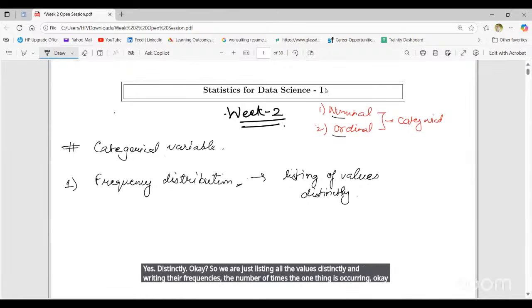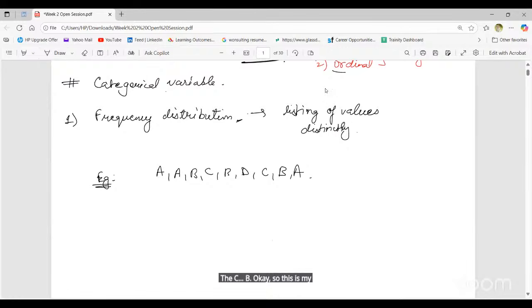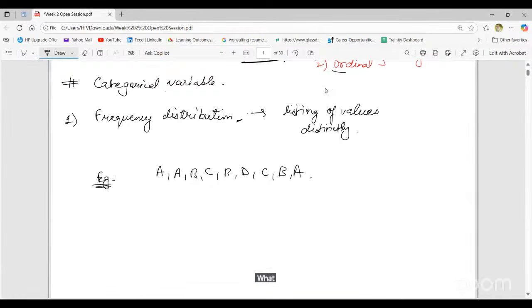Let's take an example. Let's suppose we have A, B, C, D, B, C, B, A. This is my observation, and this is a categorical variable. Now, what's the process to make a frequency distribution?